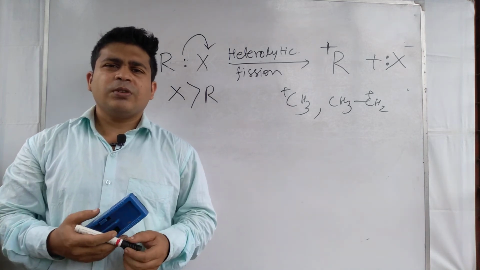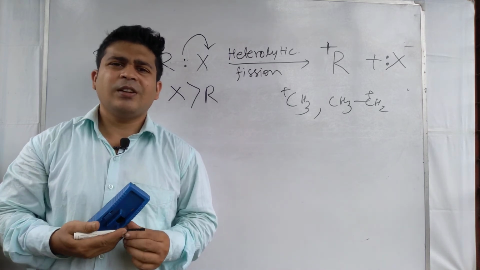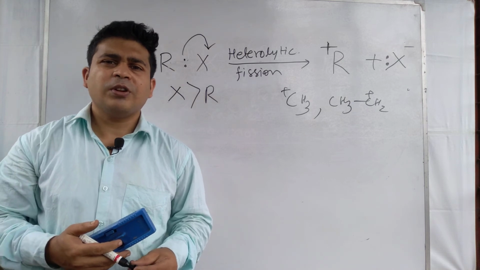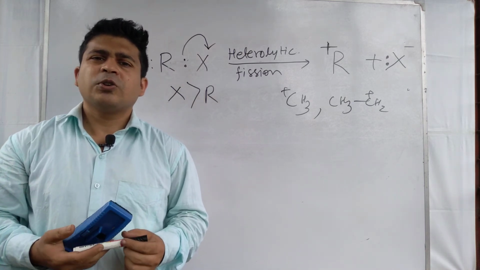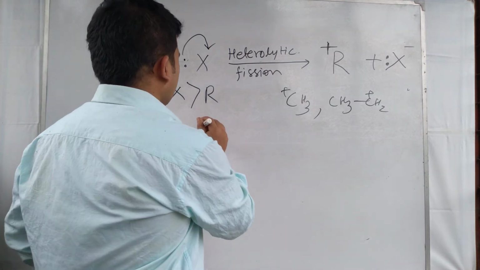Okay, so this is called heterolytic bond fission. So two types of bond fissions are seen in organic chemistry for covalent bond fission.